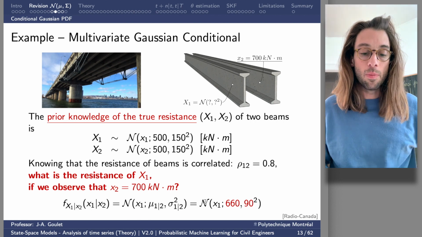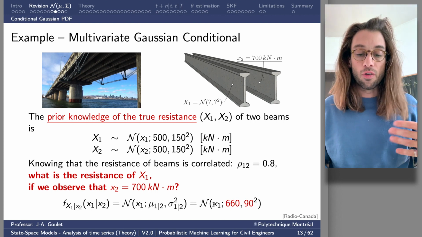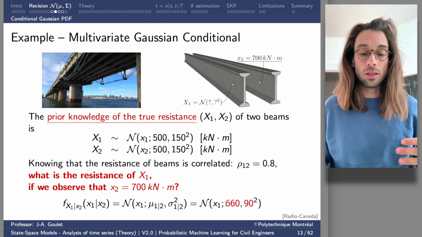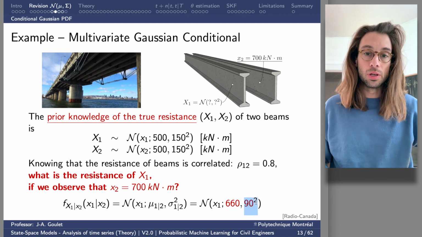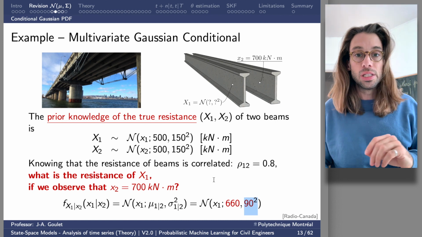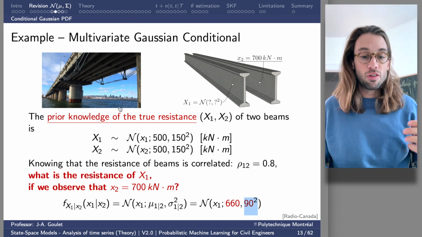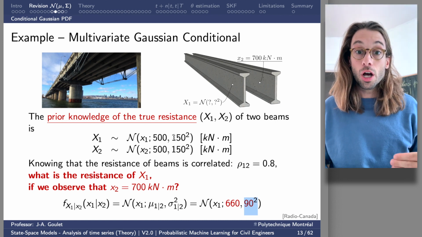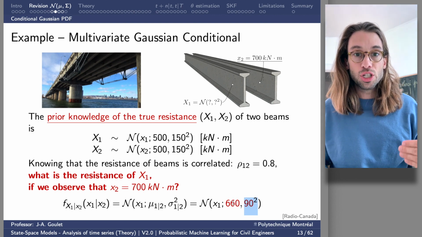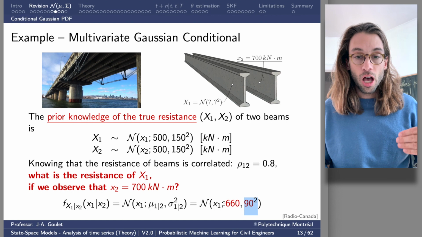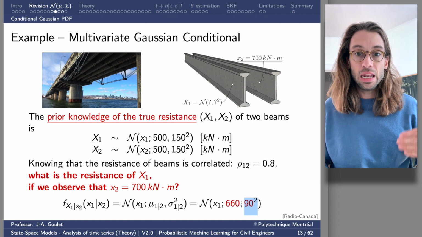So it's going to be described by a normal defined for x1 with expected value 660 and standard deviation 90. Keep in mind, my prior knowledge was that the expected value was 500 and the standard deviation was 150. After observing that my second beam is 700, it changed to an expected value of 660 and standard deviation of 90.